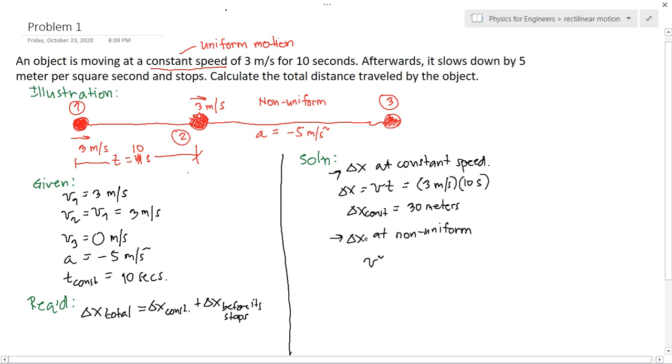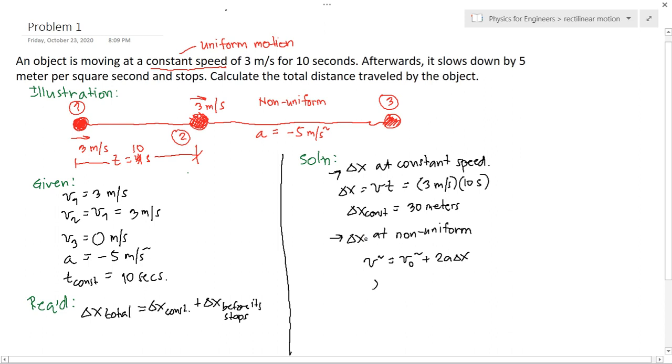The final velocity squared is just equal to the initial velocity squared plus 2a change in x. So meron tayong change in x dito, meron tayong a, which is given, equal to negative 5 meters per second squared, and an initial velocity which equals v3. So meron din tayong final which is 0. So substitute natin.